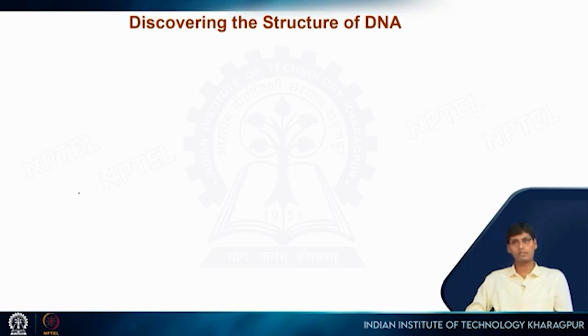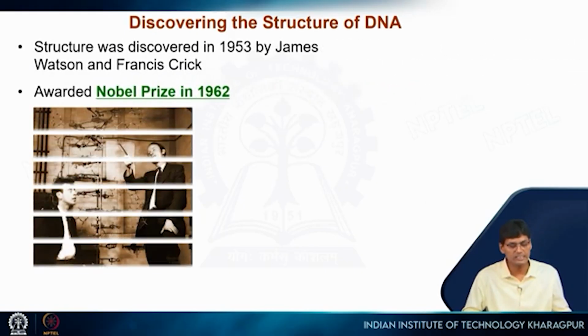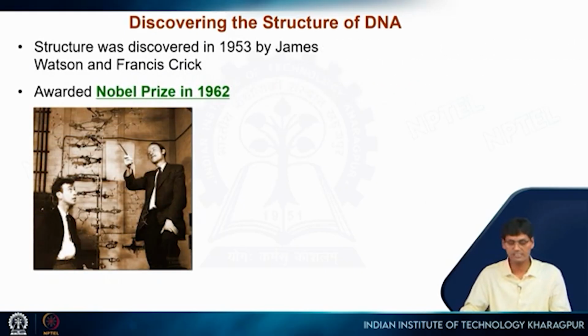What Watson and Crick did was discover the 3-dimensional structure of DNA, from which we know different physical properties of DNA. As you can see here, in 1953, James Watson and Francis Crick published this paper in Nature, describing the structure of DNA.